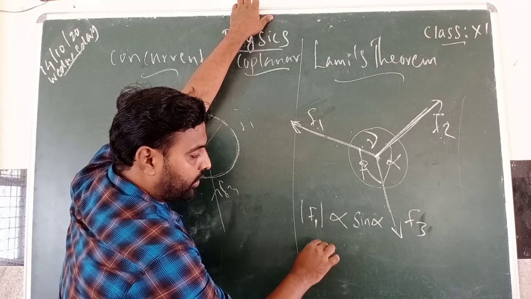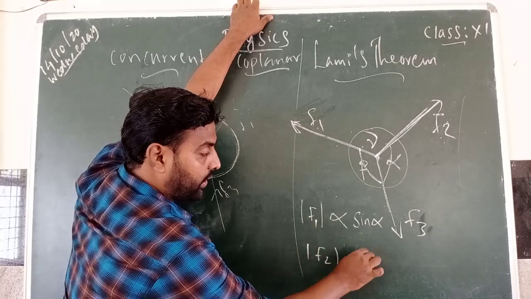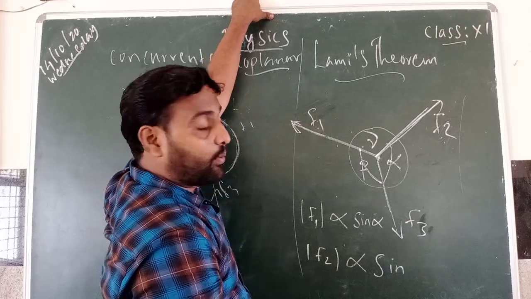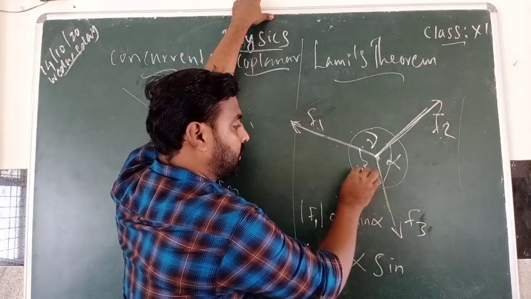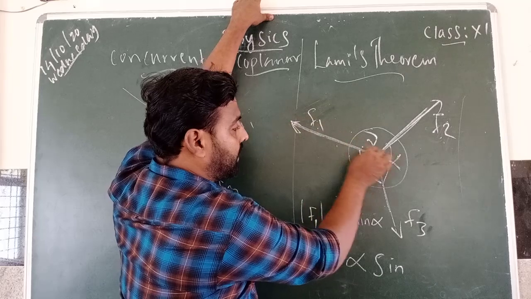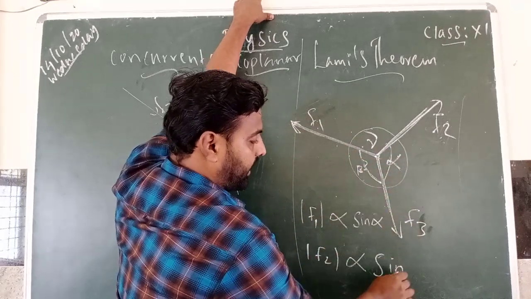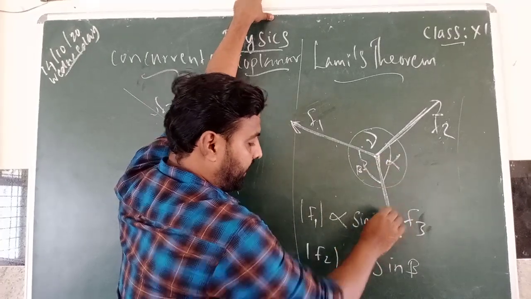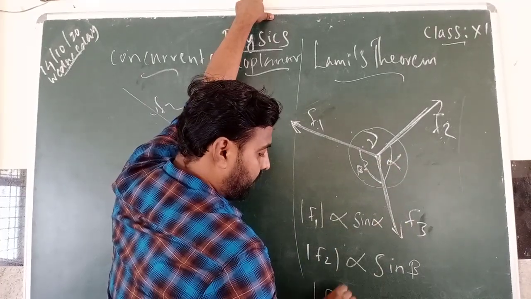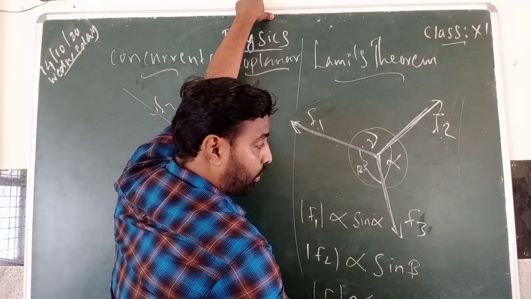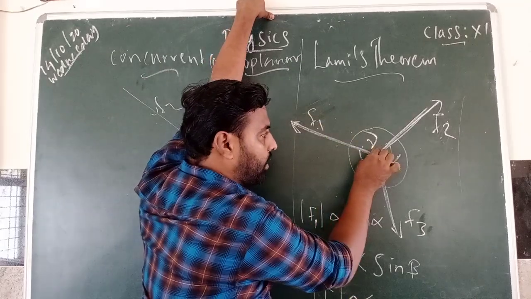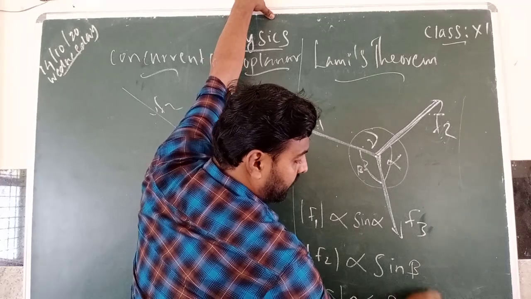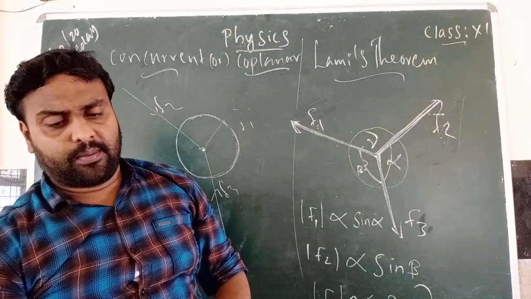So the magnitude of F2 is proportional to the sine of the angle between the other two forces, sine beta. The same for F3: the magnitude of F3 is proportional to the sine of the angle between the other two forces, so sine gamma. This is Lami's theorem.